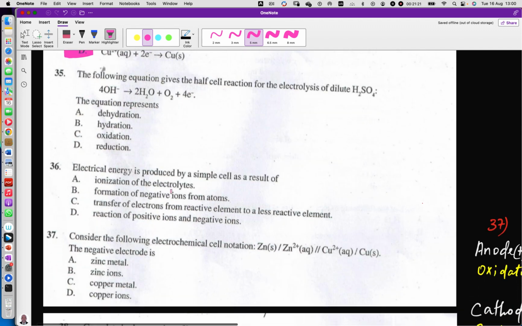Number 35. The following equations give the half reactions for electrolysis of dilute sulfuric acid. Dilute means that water is involved in it.